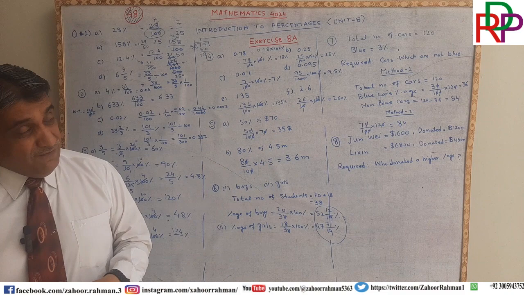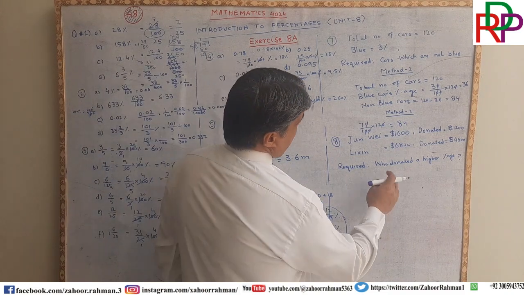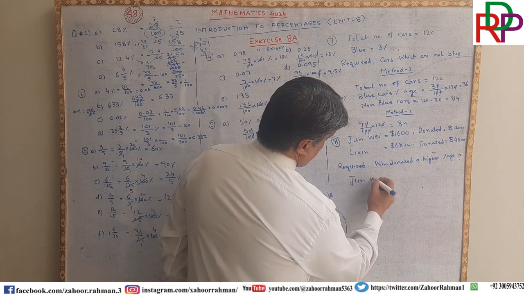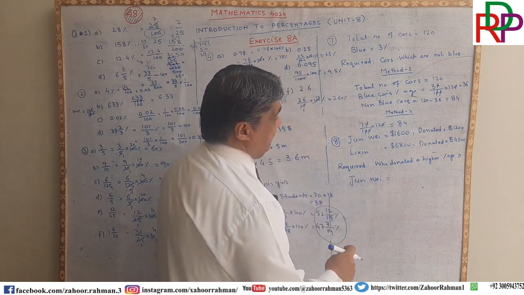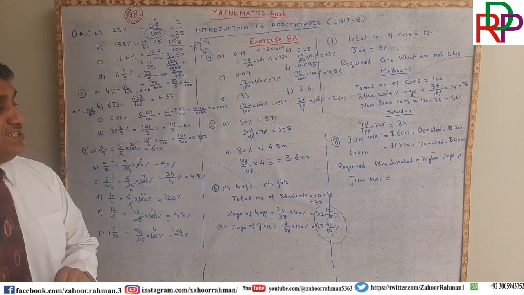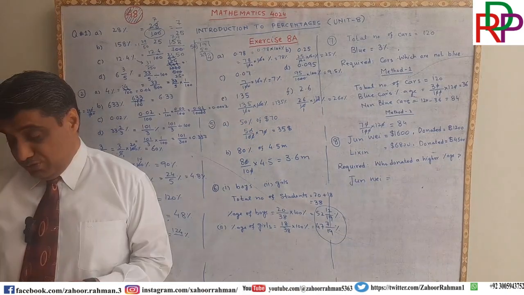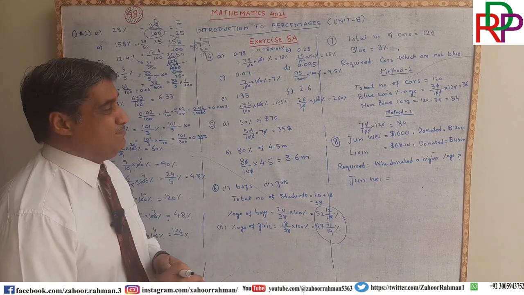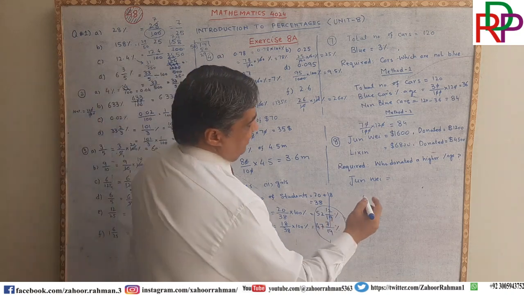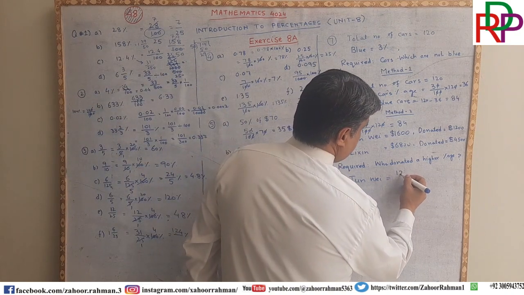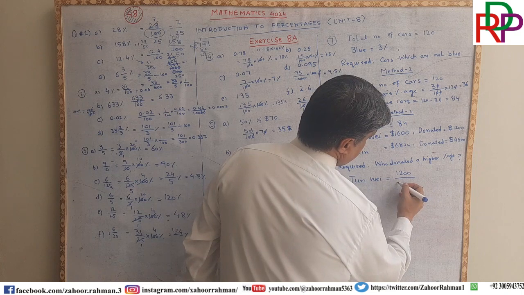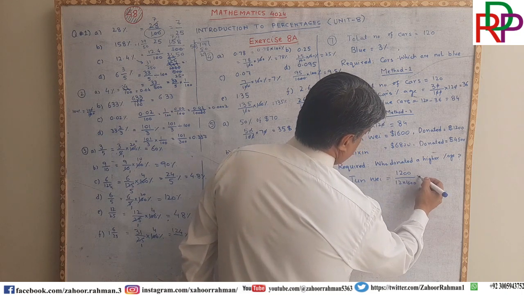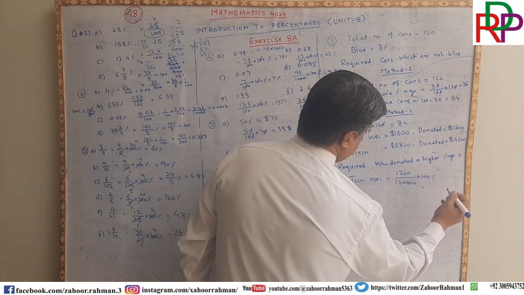So first we have to find Junwei's donation, and that is totally 1600. So we have to multiply this 1600 by 12. 1200 divide by 12 multiplied by 1600 into 100%.